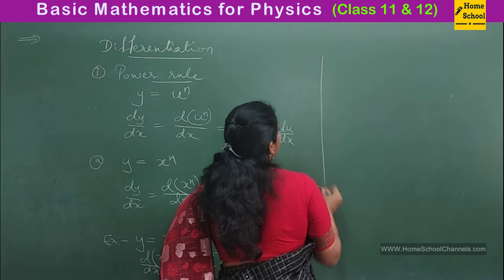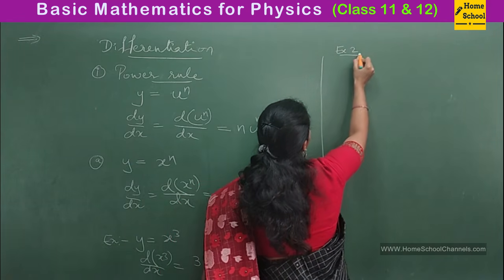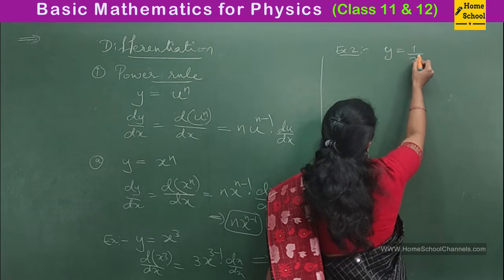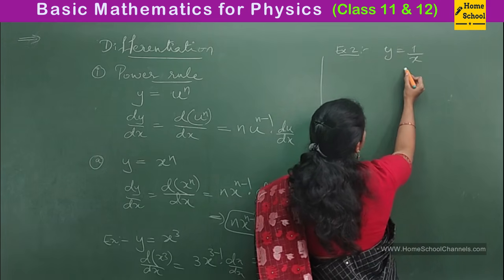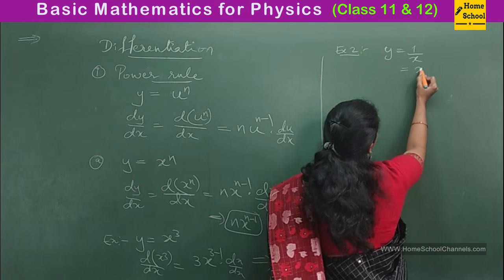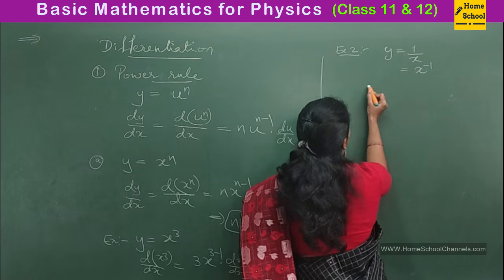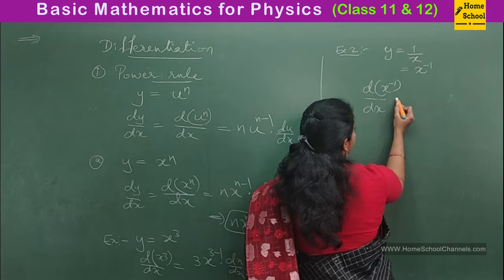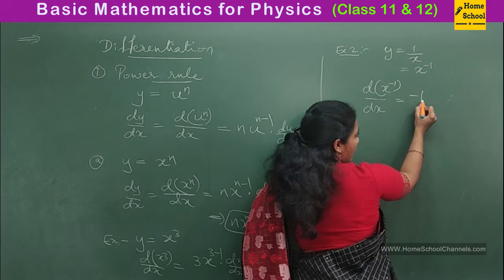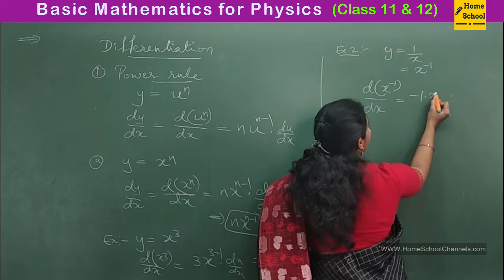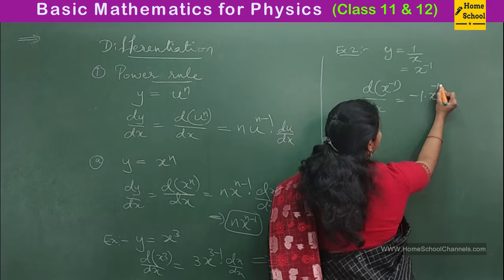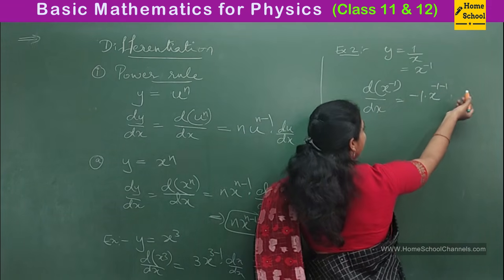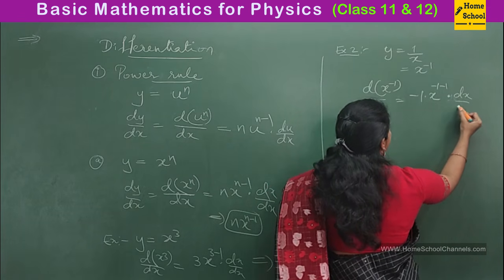Another example, example number 2. You have y is equal to 1 by x. How do you differentiate? This 1 by x you can write as x to the power minus 1. So the differentiation of x to the power minus 1, what is the power? Minus 1. Outside you write minus 1 into x to the power minus 1 minus 1, that is n minus 1, where n is minus 1, into dx by dx.